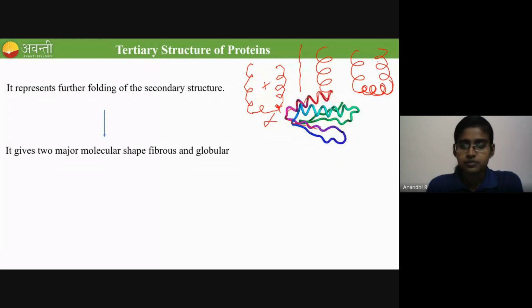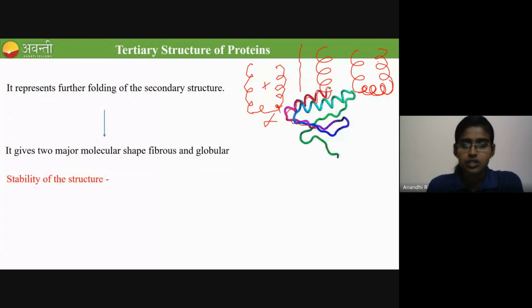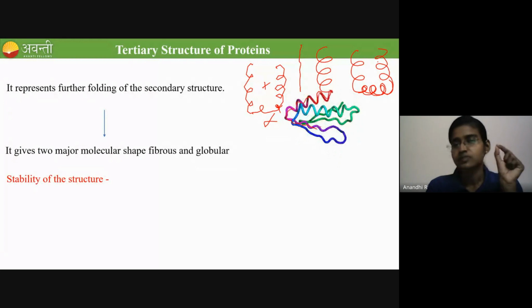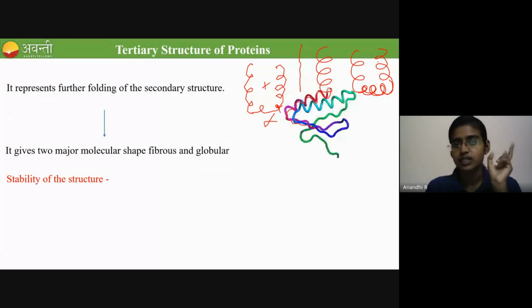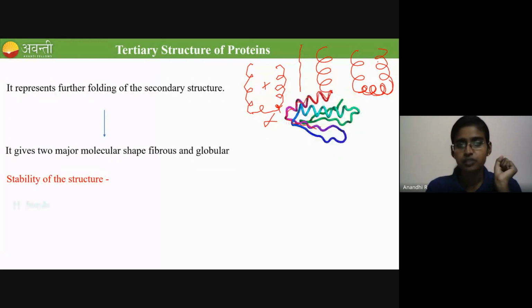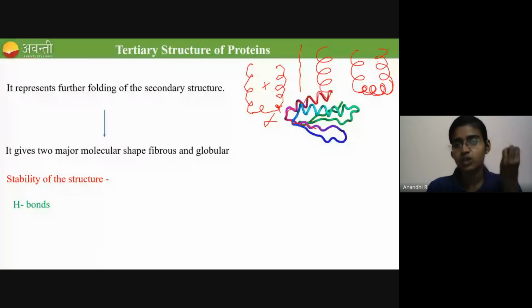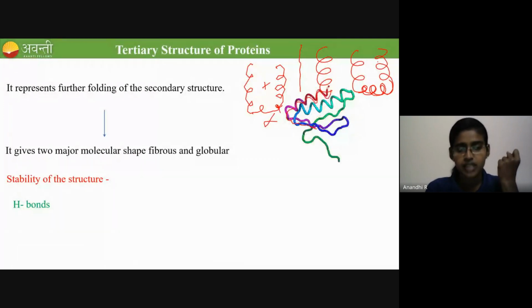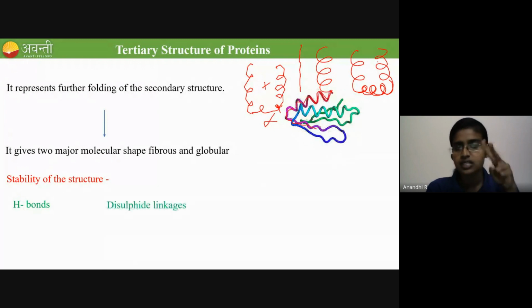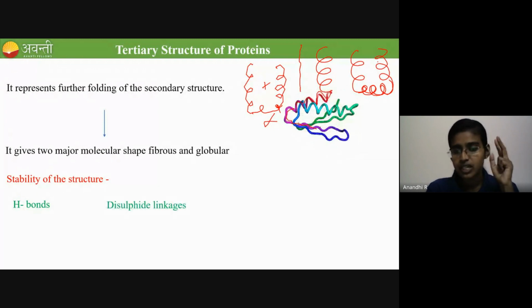Okay? Now the interactions existing in the tertiary structure of protein are four. Those four interactions make this tertiary structure stable. The first interaction is hydrogen bond again, and the second is disulfide linkages.